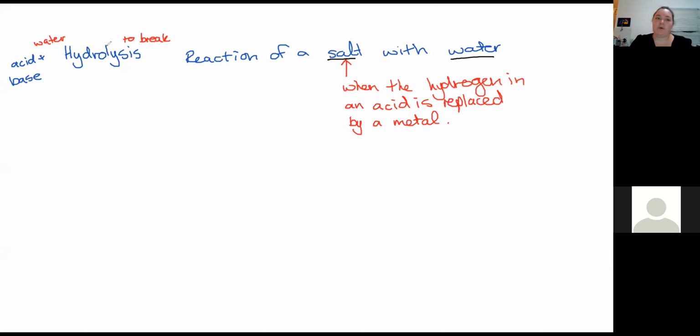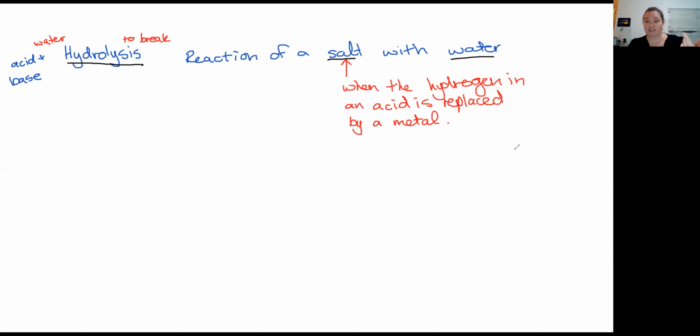Now, this is probably the worst taught section in the entire matric syllabus, and I'm not exaggerating. I can honestly tell you I didn't understand hydrolysis until a few years ago, because I was taught very simply at my school that salt plus water returns backwards into acid plus base.